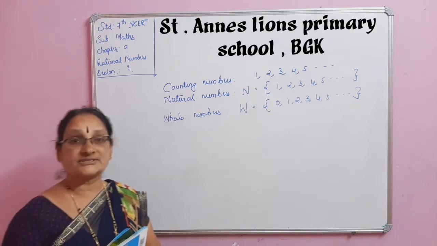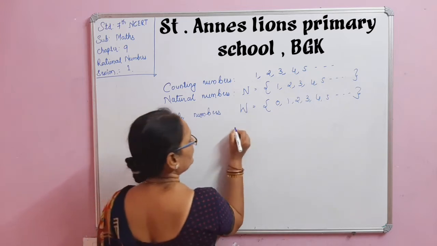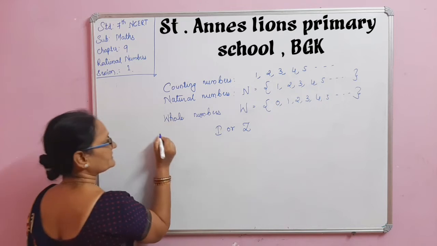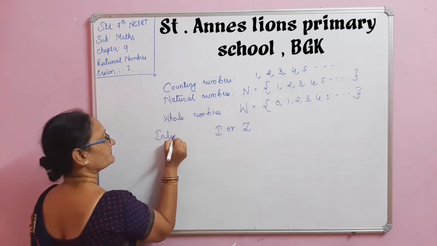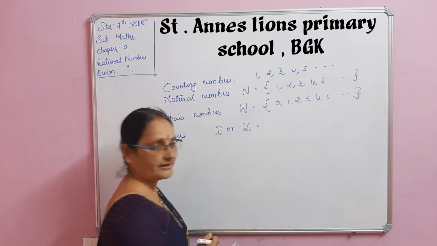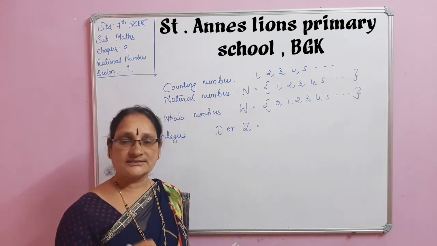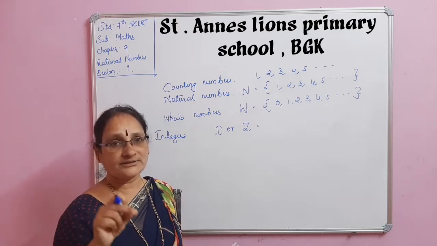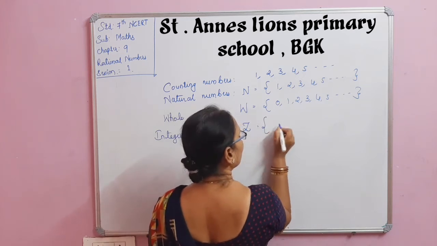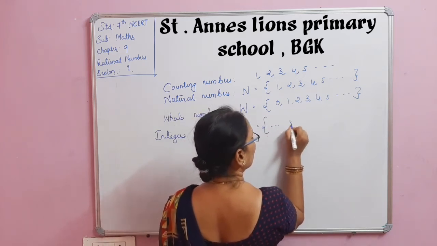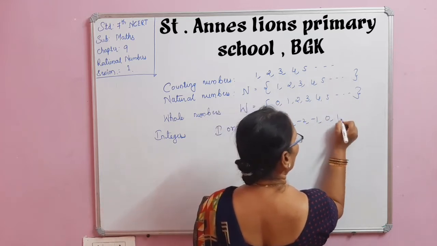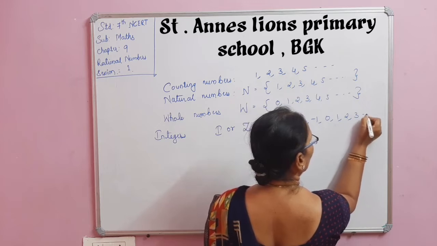Next come integers. Integers are denoted by either I or Z. You know that in the integers there will be negative integers, positive integers along with the neutral point, that is 0. So the integers are like this: -3, -2, -1, 0, 1, 2, 3 and so on.